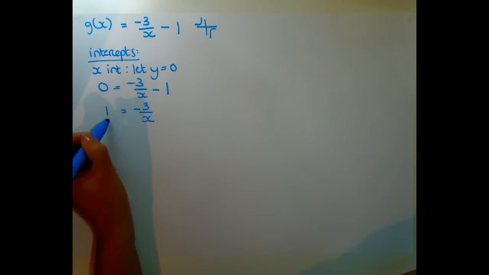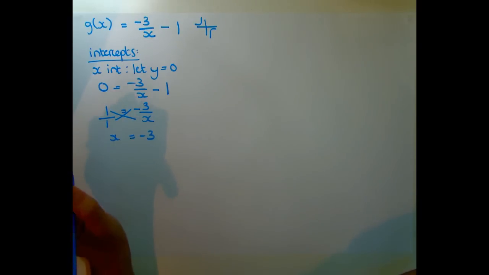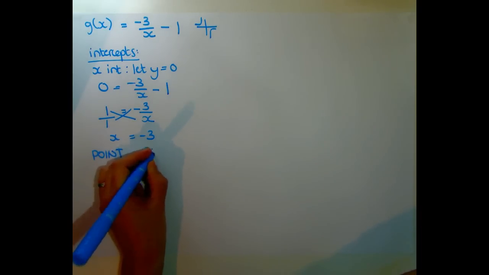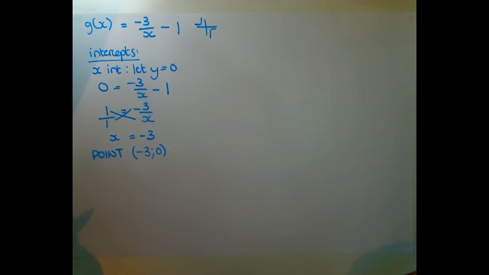Cross multiplying again, that's over 1, so I end up with x equals -3. So that is the point where x is -3 and y is 0. That is a point that can then be plotted.